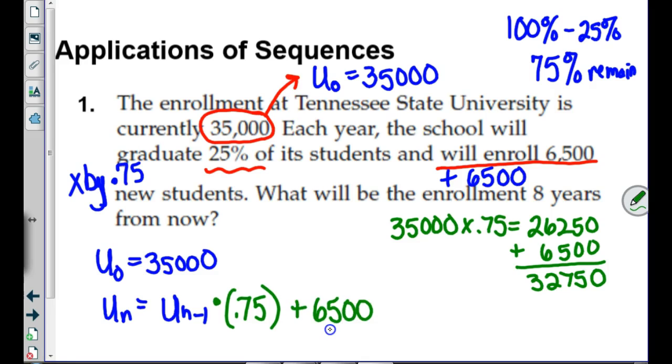Does the order matter? Would it matter if we added the 6,500 first and then multiplied by 0.75? Yes, it would be different. Do we need to put anything in so that it does it in the right order? It's going to do multiplying first anyway, right? All right, so let's try this. We could keep going by hand, but the calculator will do it.